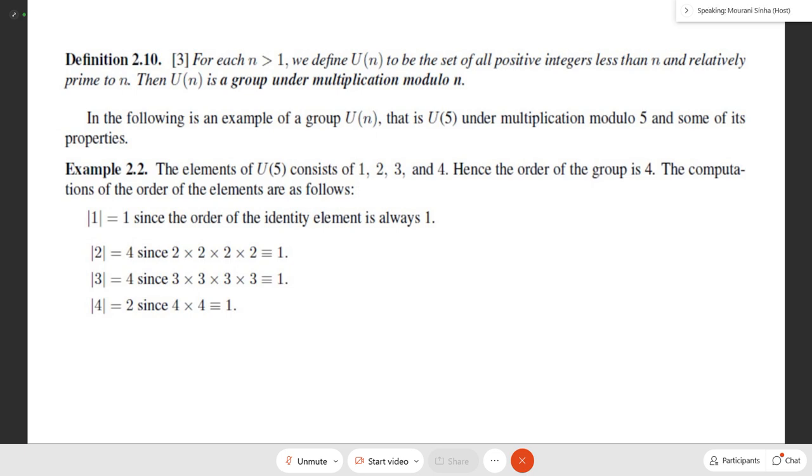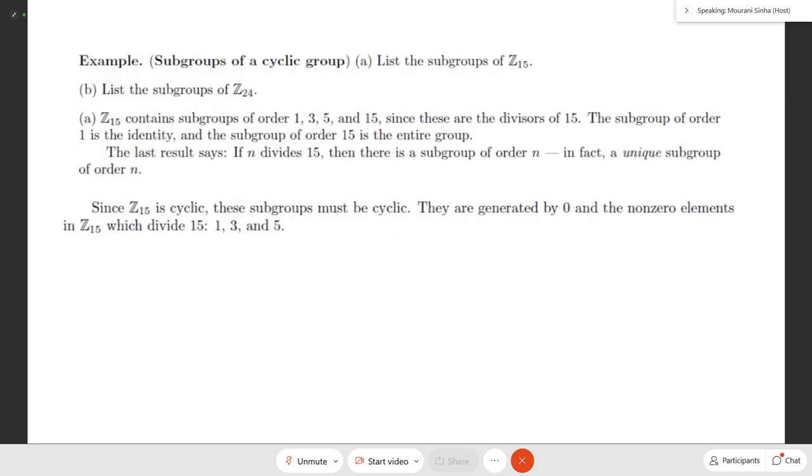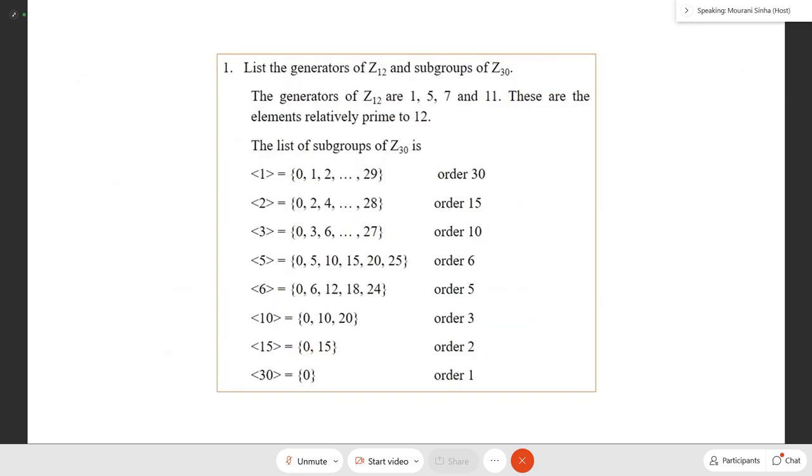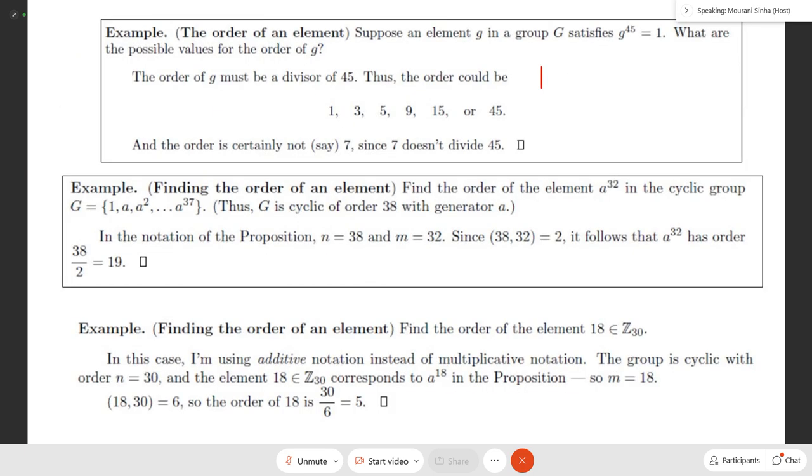So 5 is the least number of times we add 18 in this case. That is the lower range, and the upper side can go on and on. You can add so many times and still divide by 30 and get a remainder 0. I think you got it.